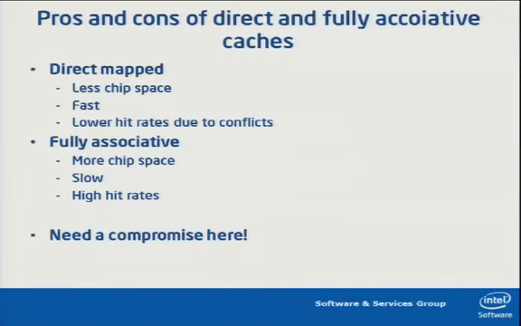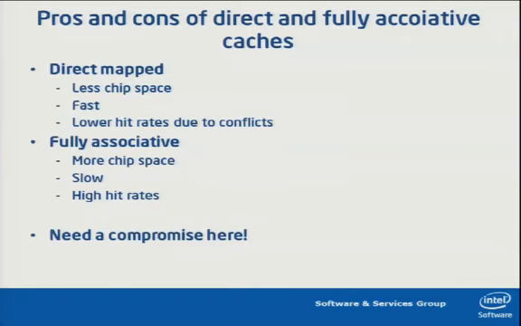Okay, so pros and cons of these two strategies. The direct mapped approach has less chip space. It's faster, but it has much lower hit rates due to the conflicts that we produce, because if we work on a, say, very confined area in the memory, we're very likely to always evict lines from the cache that we actually want to reuse further on.